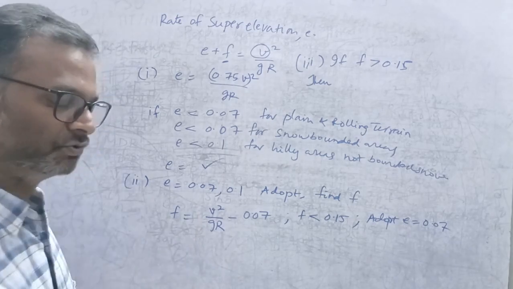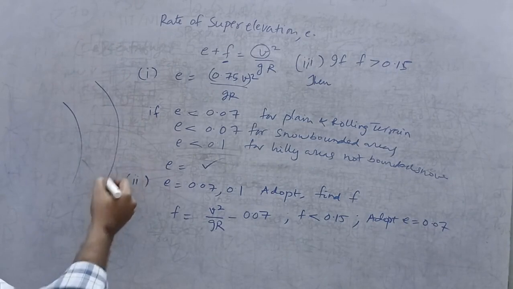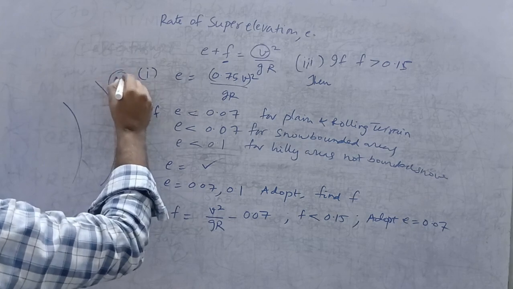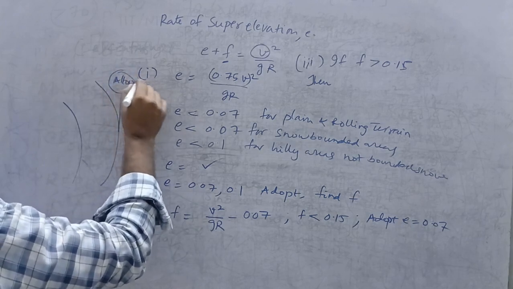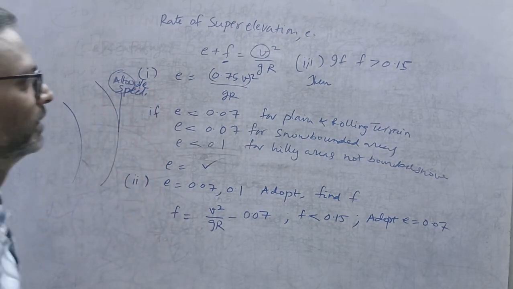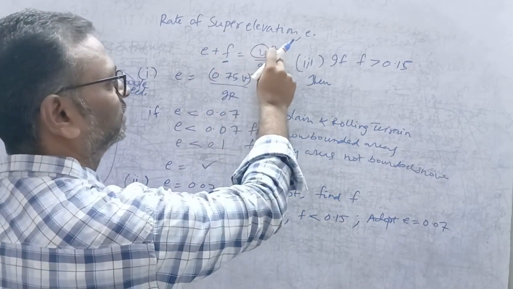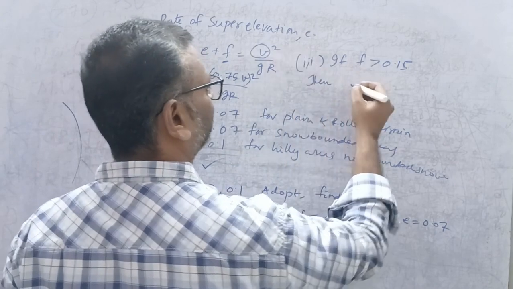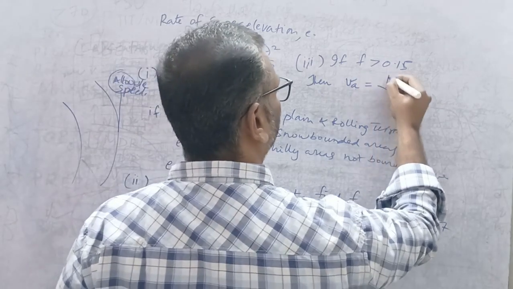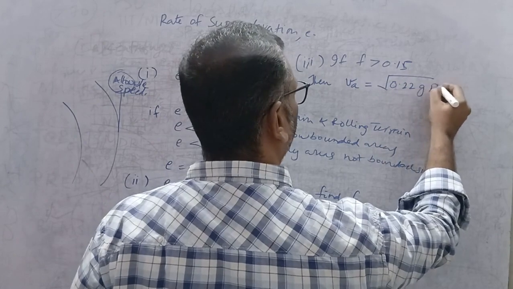then the design speed should be decreased. At the curve, put a signboard and restrict the allowable speed. Adopt e as 0.07 and f as 0.15 and restrict the speed. So V_a is equal to square root of 0.22 gR.